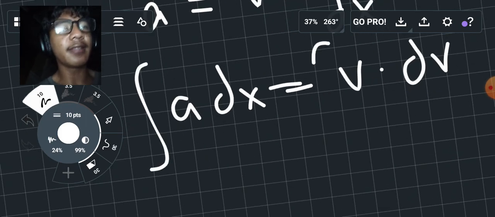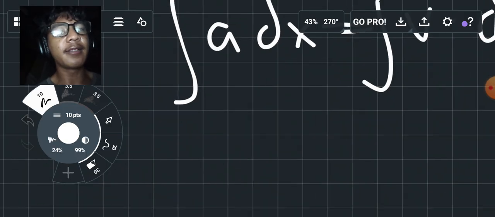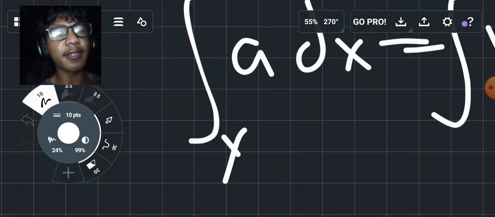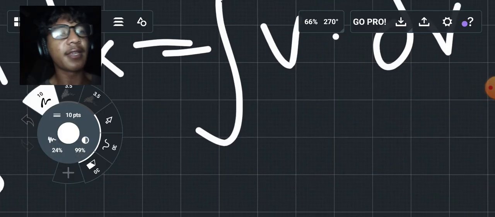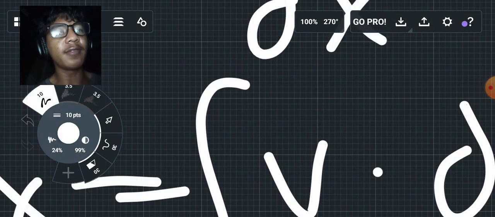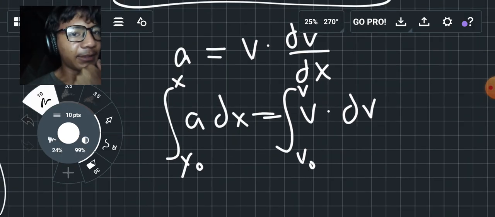So we will integrate this from x naught, the initial position, to the final position, and from the initial velocity to the final velocity. Yeah, that sounds about right.